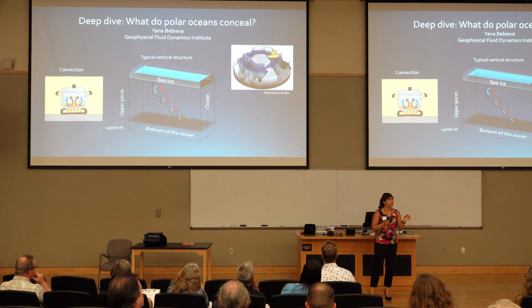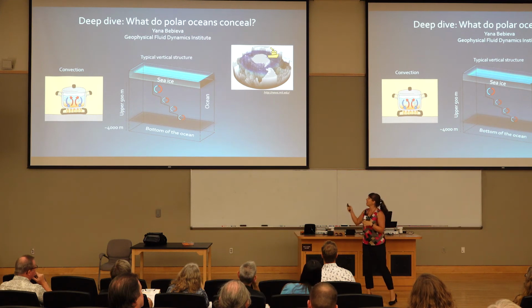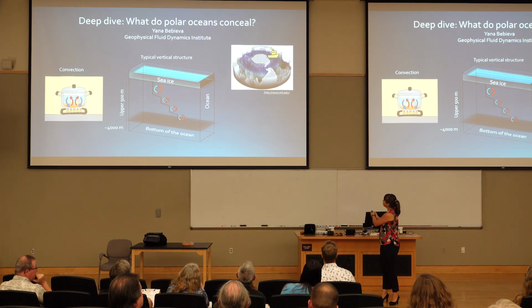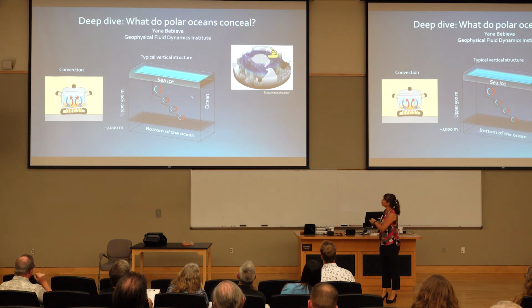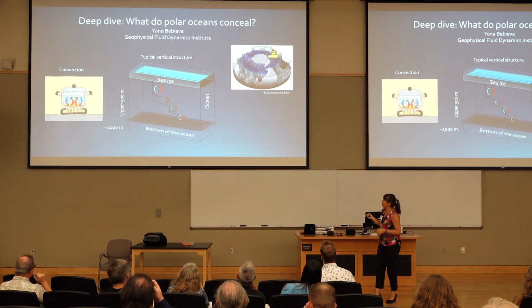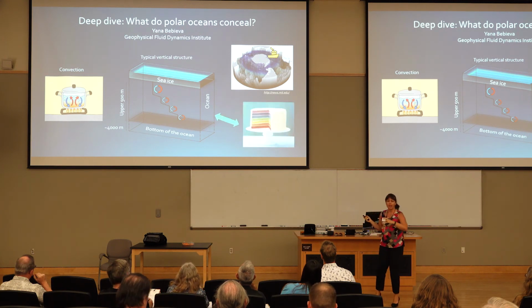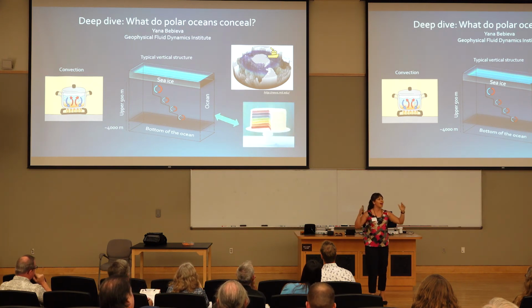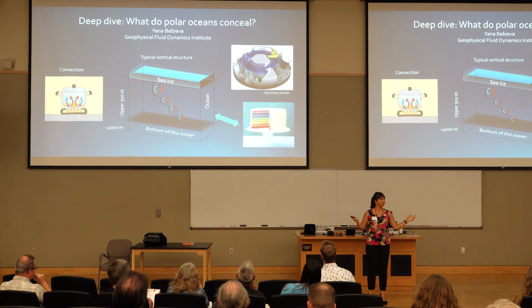And in fact, the presence of salt in some regions of the Southern Ocean forms layers. Here you see a typical vertical structure of the upper ocean in this region. So we see many layers, and you may think of them as a many-layer cake.